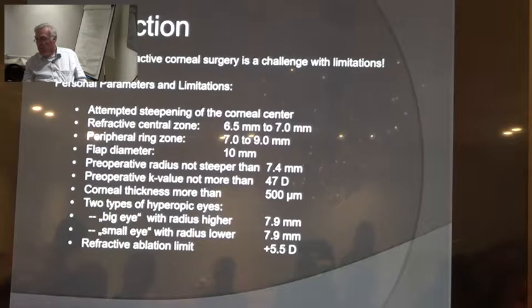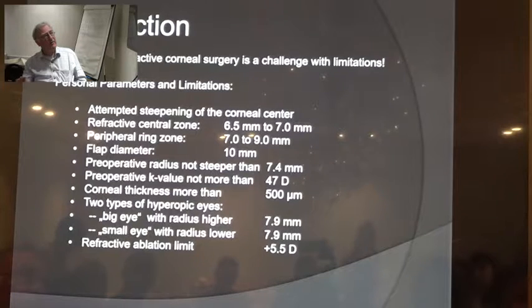You have limitations in the different corneal parameters, more than in myopia. The attempted deepening of the corneal center, the refractive central zone, is 6.5 to 7 millimeter, and the peripheral ring zone from 7.0 to 9.0 millimeter. So the flap diameter has to be 10 millimeter.